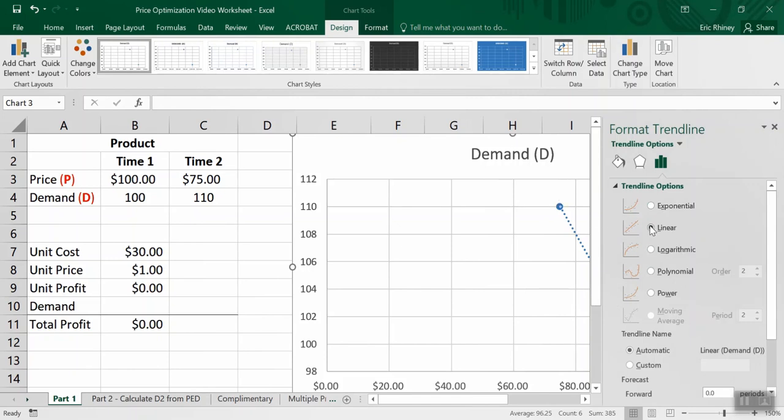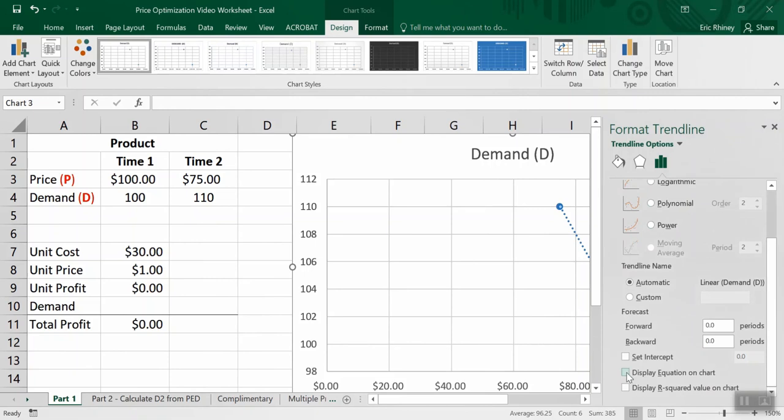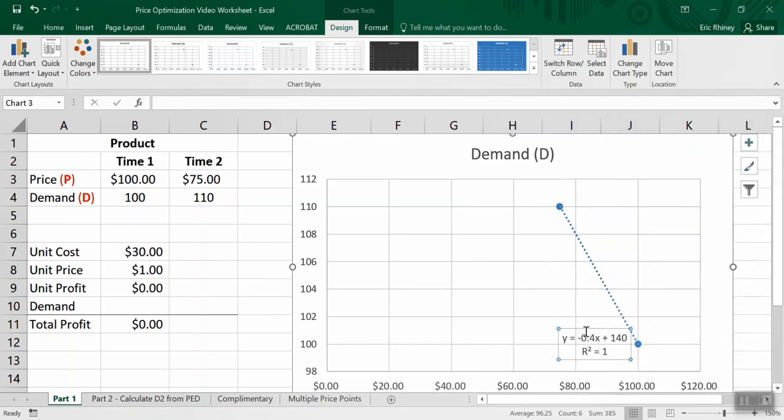Now in this case we want a linear. Some of the things we want to add to this is the equation. Look at that there. We can add an equation, and we can actually add an R squared. All right, we can close this, and there you go. This right here is our line equation that runs between these two points.